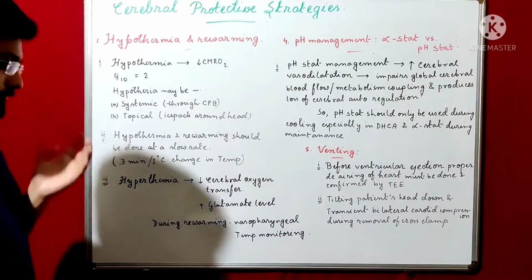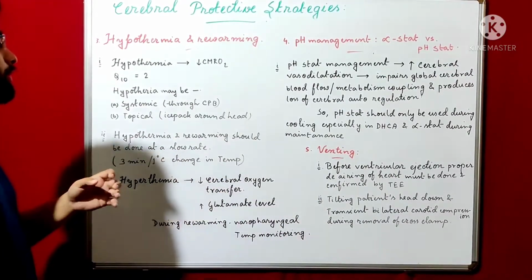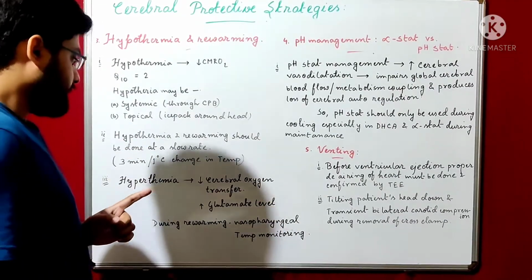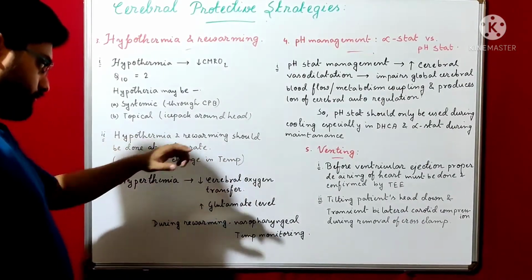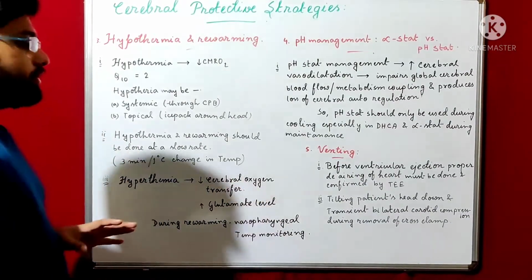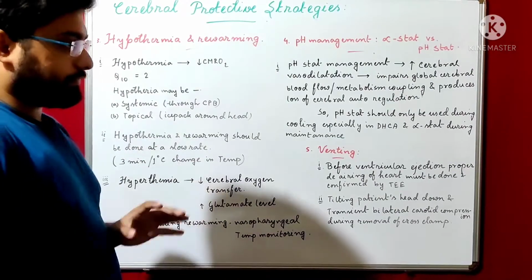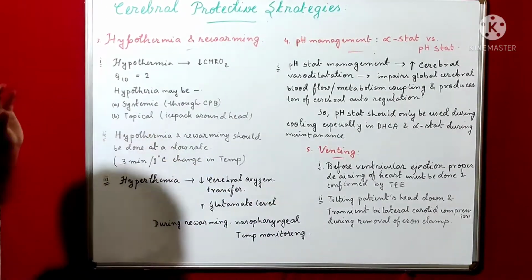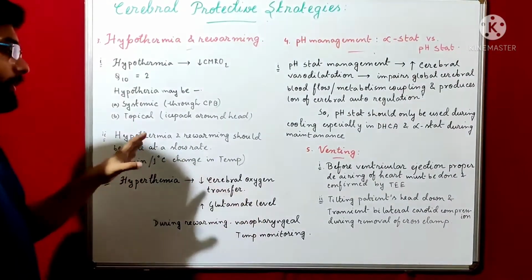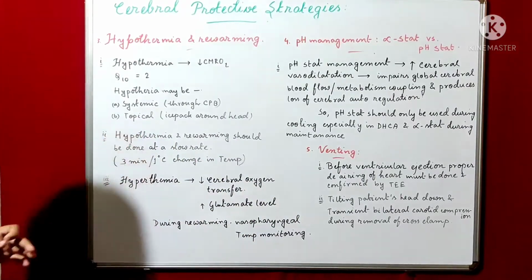That is, if we are doing hypothermia or rewarming the patient, for changing 1 degree in temperature, we must take 3 minutes of time. That ensures universal cooling and universal rewarming, that is, the temperature of every part of the body will be the same during rewarming and hypothermia.